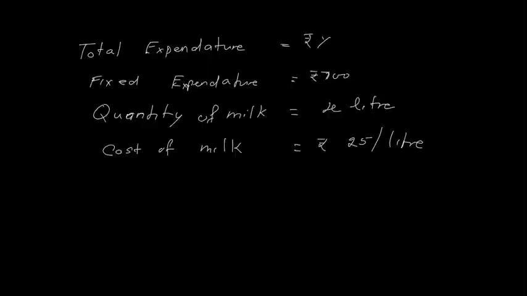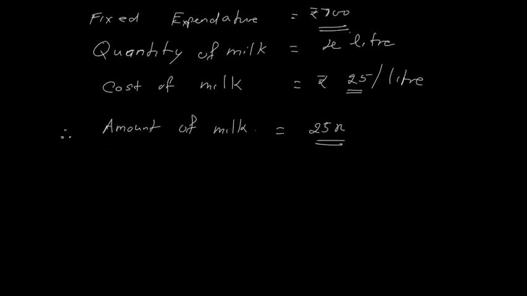So now this is fixed. So I have to first find the cost of milk or amount of milk. Now amount of milk, I will multiply this 25 with this x. So it will be 25x. Now total expenditure is fixed expenditure plus cost of milk.